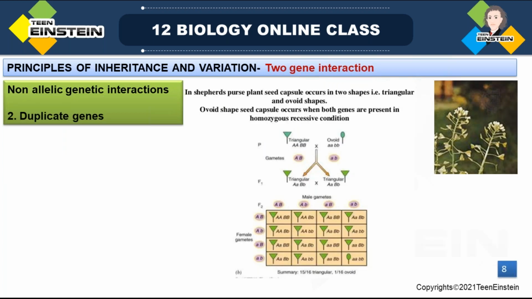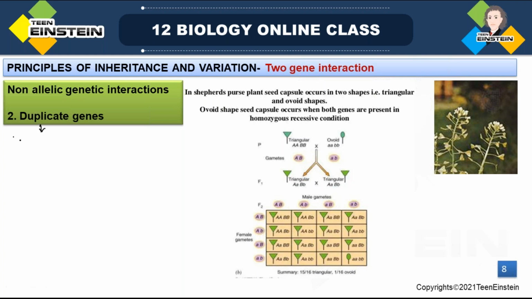Next example for non-allelic gene interaction is duplicate gene interaction. Okay, duplicate gene interaction. So in duplicate gene interaction, the dominant allele of both genes produces the same phenotype.